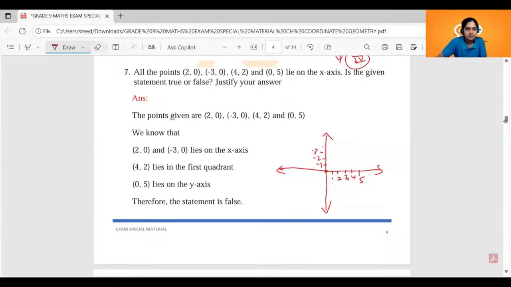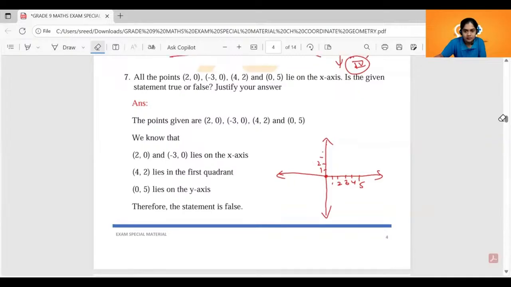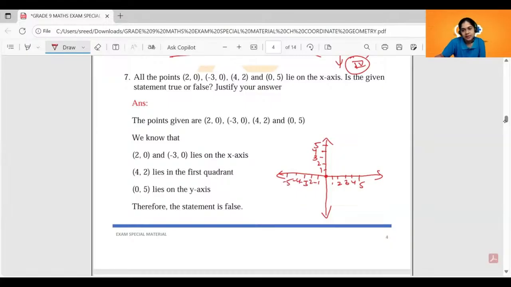Okay, so it's the positive side of y, right? 1, 2, 3, 4, 5. Now it's the negative side of x. Minus 1, minus 2, minus 3, minus 4, minus 5. This is also minus 1, minus 2, minus 3, minus 4, minus 5.